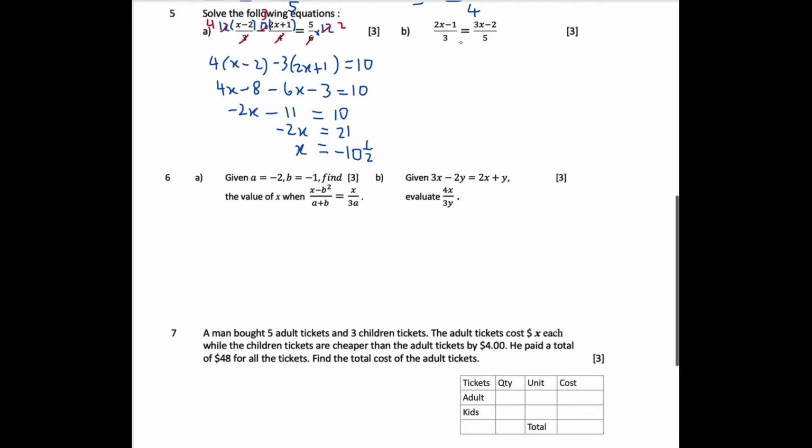For the next example, we have a single fraction on each side, so we cross multiply, meaning we find the product of one diagonal and put it on one side of the equation. Use brackets and multiply the other diagonal and put it on the other side.